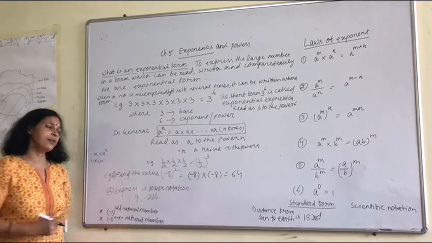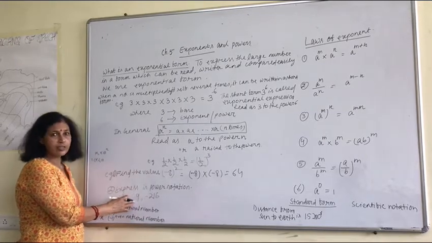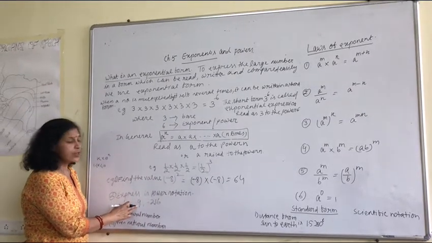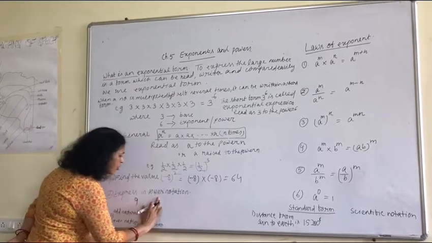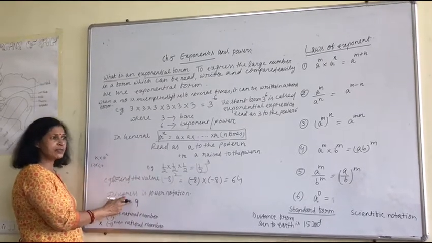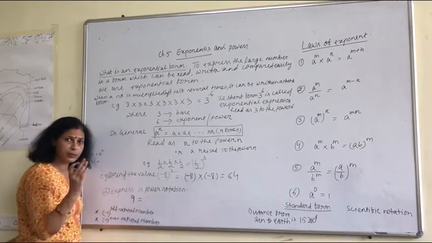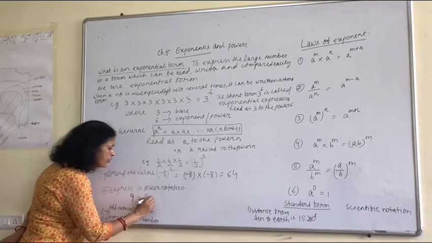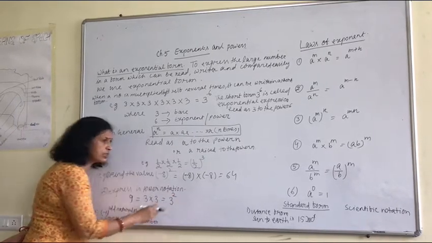The second type of question is: express the following in power notation. Suppose 9 is given. You can express 9 in exponential form. You can break 9 into 3 into 3, that means 3 to the power 2, 3 multiplied 2 times.